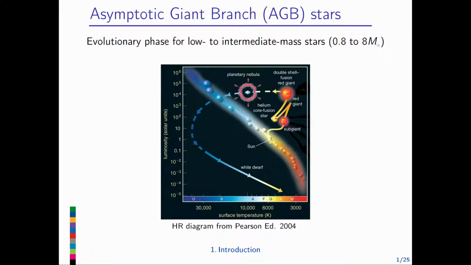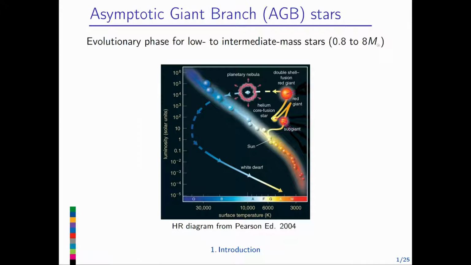The HGB star, as you may already know, is an evolutionary phase for a star of low to intermediate mass, between 0.8 and 8 solar masses. The name comes from the fact that the HGB phase is asymptotic to the red giant branch in the HR diagram, luminosity against temperature.